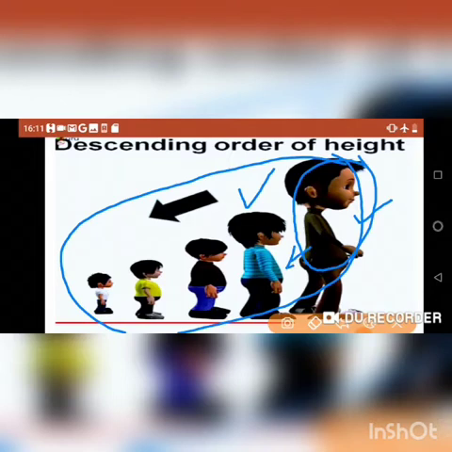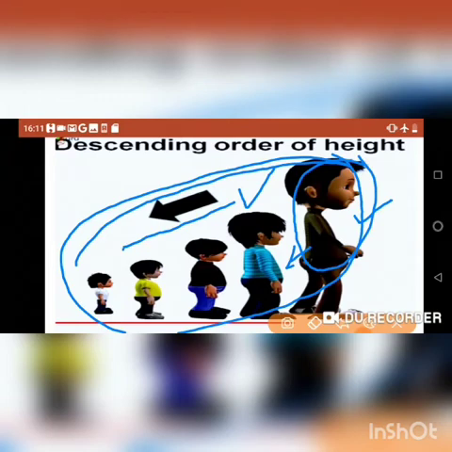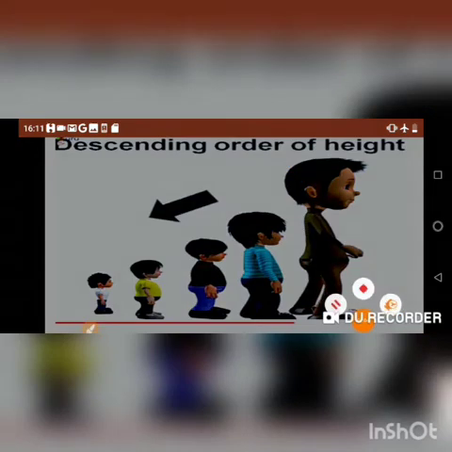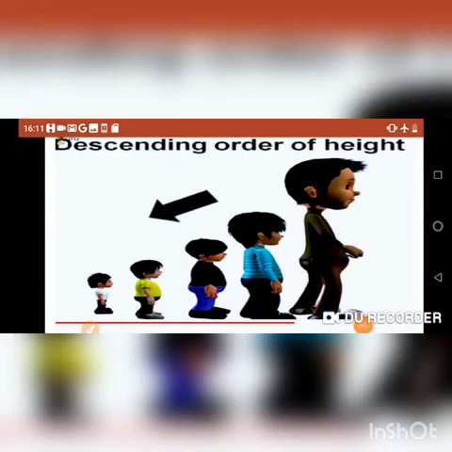So children, all these children are standing from tallest to the shortest. Tallest to the shortest means they are standing in decreasing order of height, and decreasing order is known as descending order.